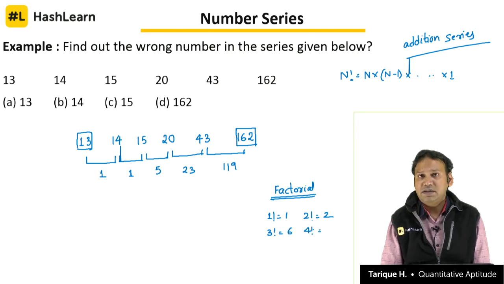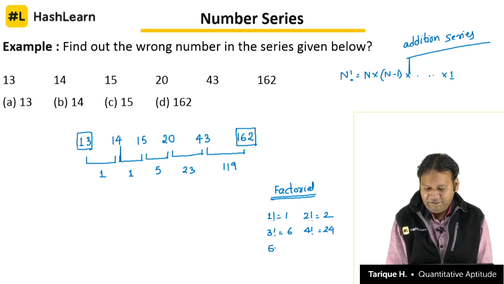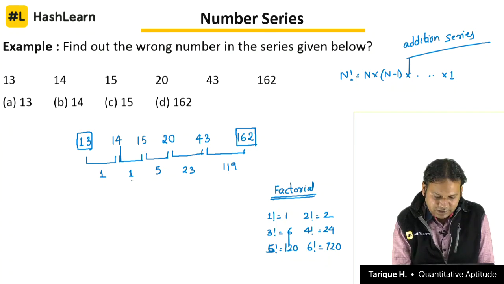One should know factorials till at least 6, 7. 4 factorial is 24. 5 factorial is 120, and 6 factorial is 720, and so on. Now if you look at these numbers here, 1 is 2 factorial minus 1.